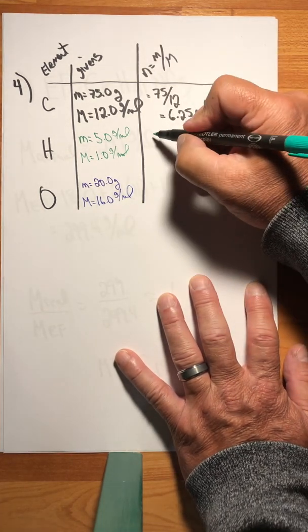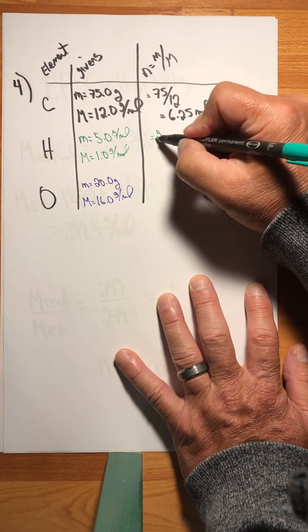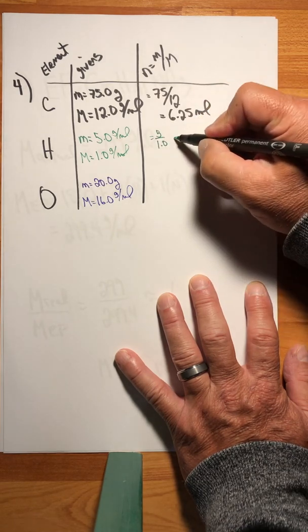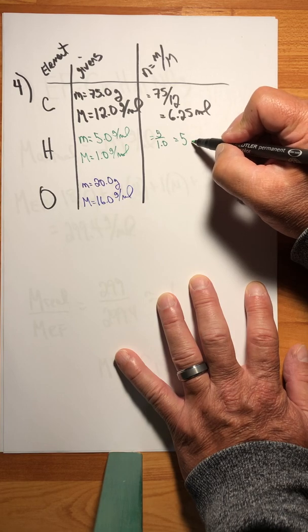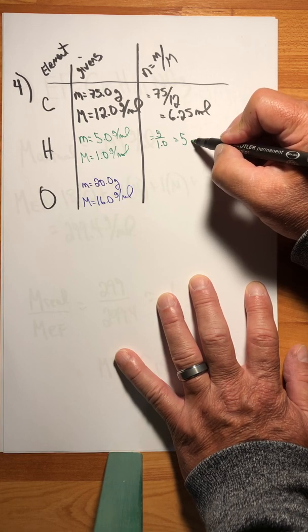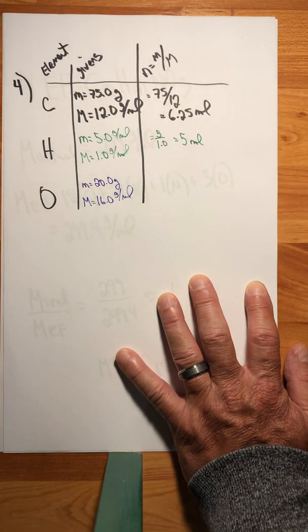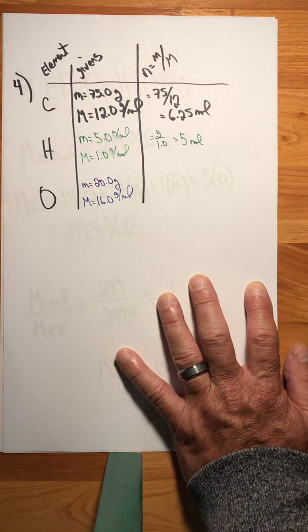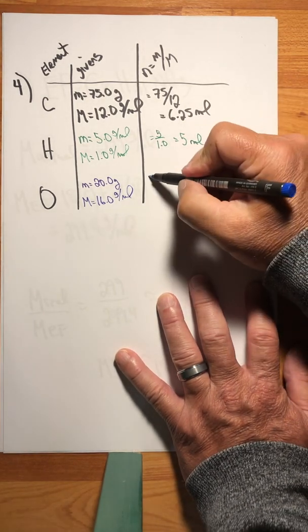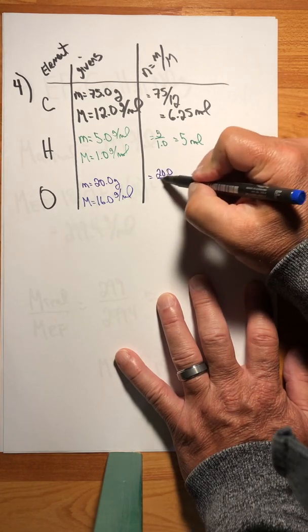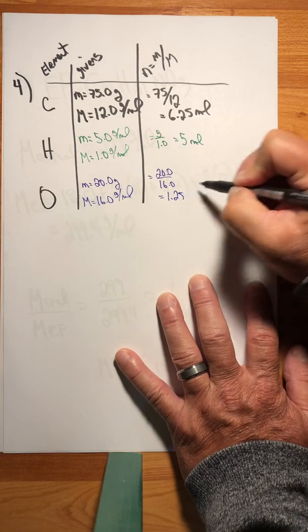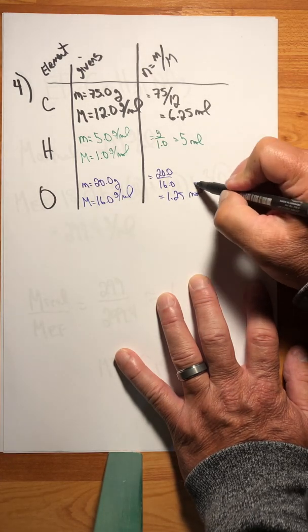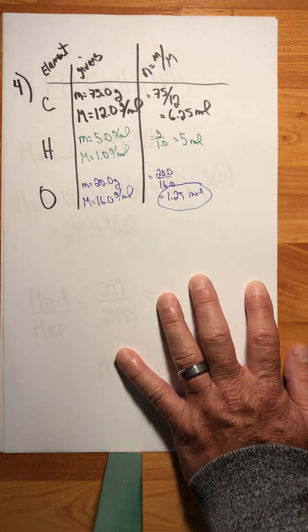I'm going to do 5 divided by 1, which is going to give me 5 moles. And then on the last one, 20 divided by 16. And when I do that, I get 1.25 moles.